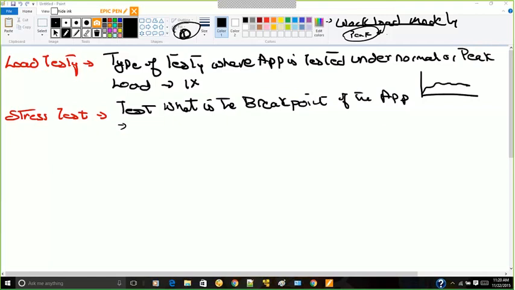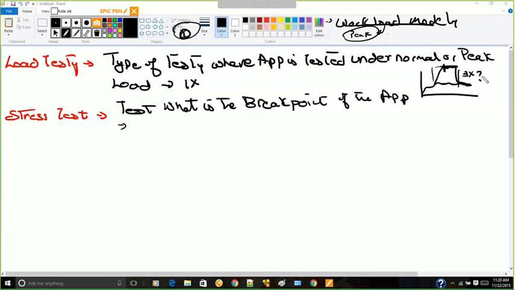Suddenly, since there was a marketing change, the load spiked up like this. This spike might be 2 times the normal load, 3 times the normal load. We don't know. So will my application and infrastructure handle a sudden 3 times more load coming into the system?